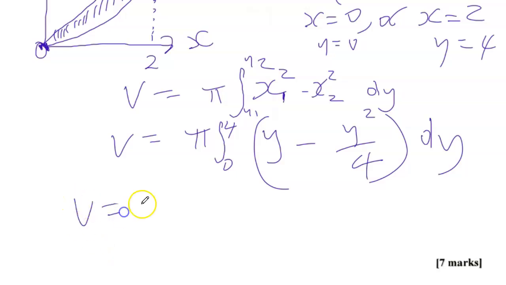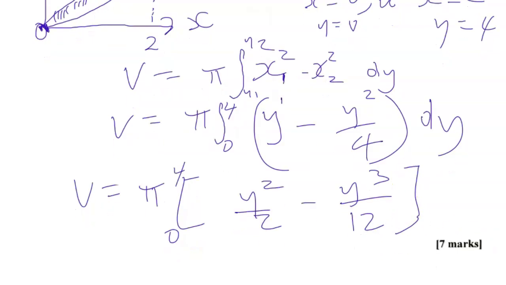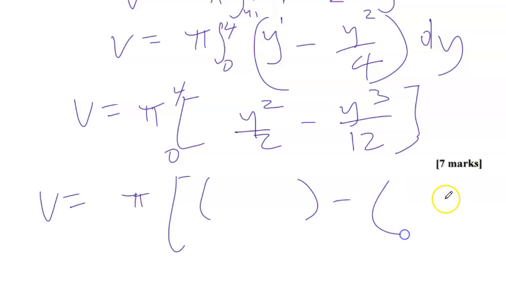So the volume is pi, and then the limits are 4 and 0. Integrate y, we get y squared over 2. Add 1 to the power, divide by the new power: integrate this, add 1 to the power, we get 3. Divide by 3, we end up with 3 times 4 in the denominator, so 12. We have, of course, our pi, and two brackets. In one bracket, we replace y with the top value, which is 4.